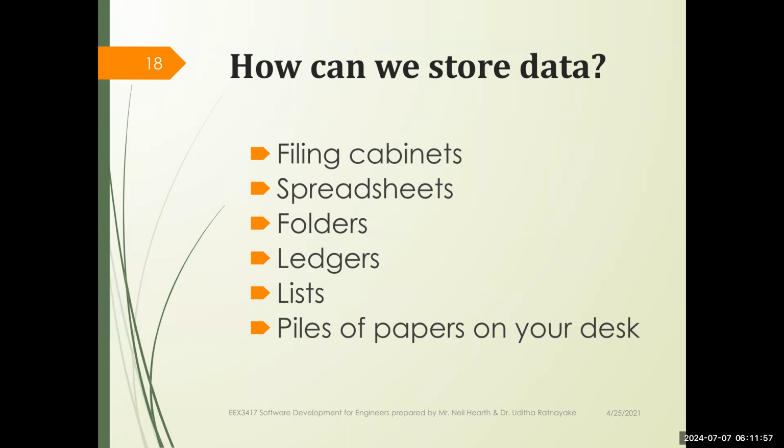Another one is spreadsheet, like Google Sheet, Excel sheet, in a computer. Folder is also a separate place for paper, and also in a computer we can use folders. Ledgers, lists, piles of paper on a desk. These are paper, and both exist in a computer.